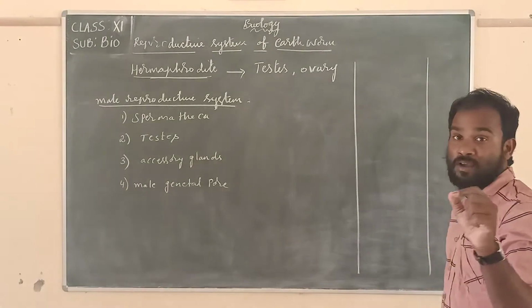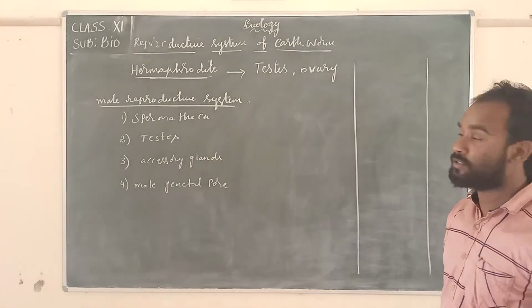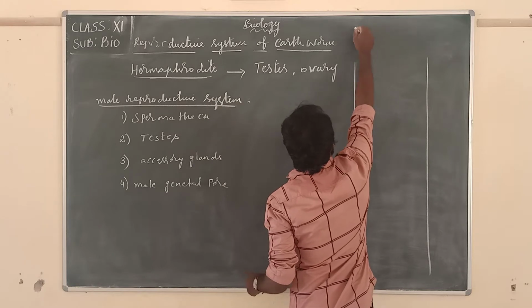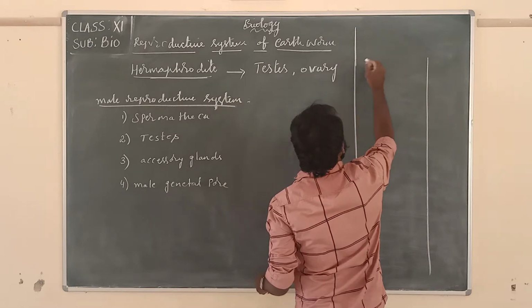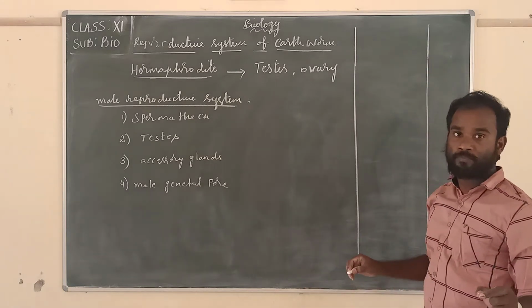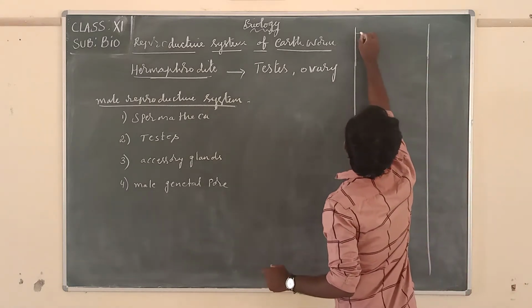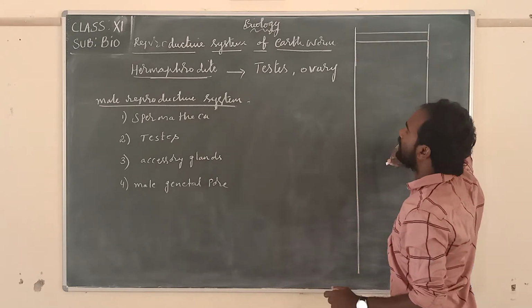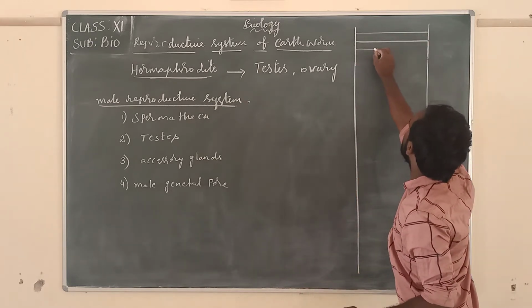Now let us see where are these parts present. I am drawing a rough diagram of the earthworm. If you imagine that this is the earthworm, let us imagine these are the segments.